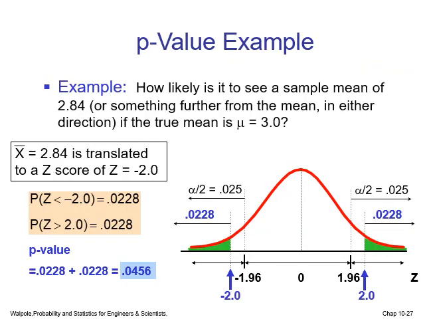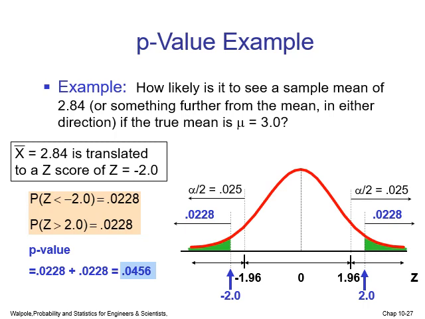Let's see another p-value example. How likely is it to see a sample mean of 2.84 or something further than the mean in either direction if the true mean is 3.0? 2.84 will be translated to a z-score of -2.0, where the p-value for z less than -2 is equal to 0.0228, and the p-value for z larger than 2 is equal to 0.0228.